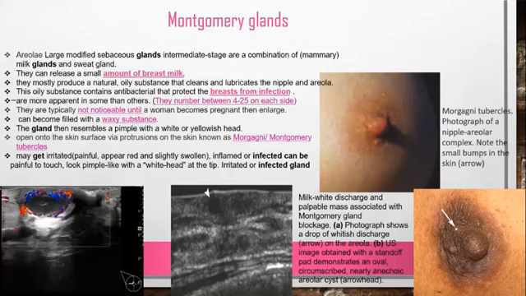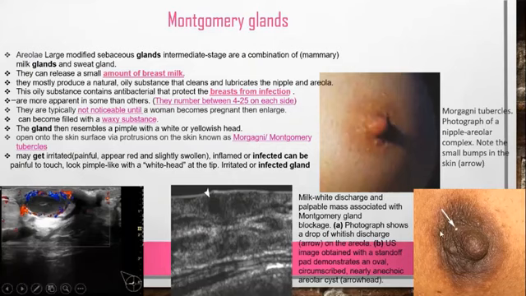They become obvious, and there are variations between females. Some have a lot, some have few, and they usually range from 4 to 25 on each side of the breast. As we mentioned, they become noticeable during lactation.